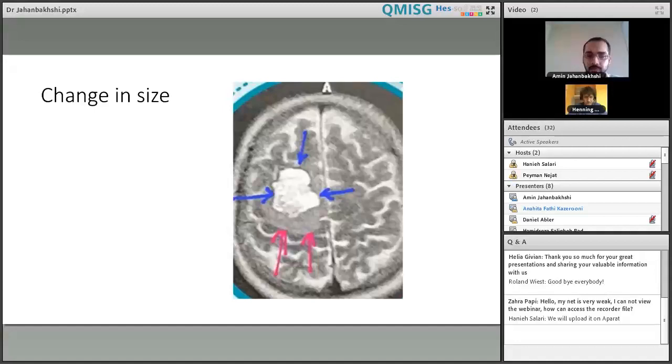So the problem is not that, but the problem is that on follow-up, I wanted to know exactly when the tumor is rising in size. I want to make clear that the tumor has grown, so that I can refer him for radiotherapy or decide on another operation.